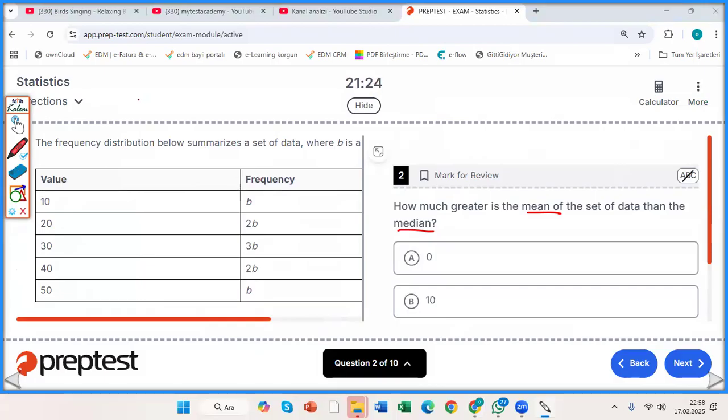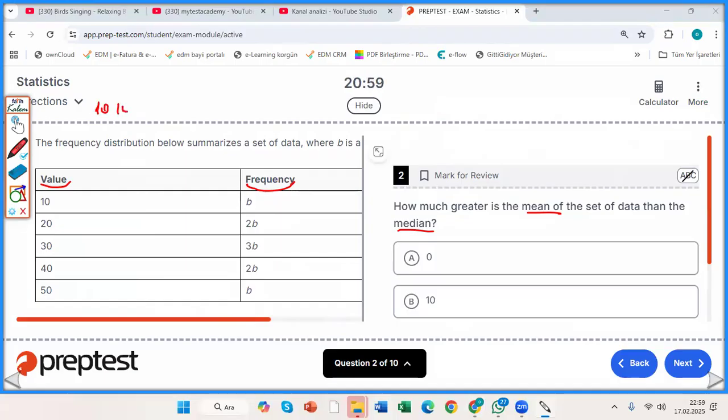Right now, like a sequence, it starts with the least value. So here, this is the value for our data set, and frequency is the number of repetitions of the values. What I mean? Start with 10.